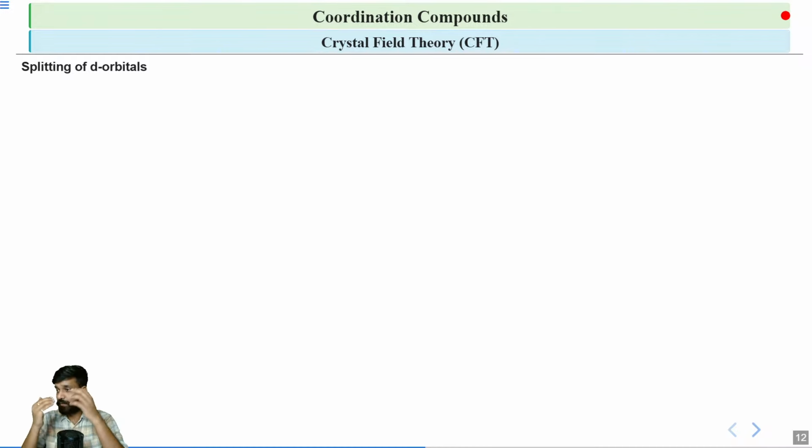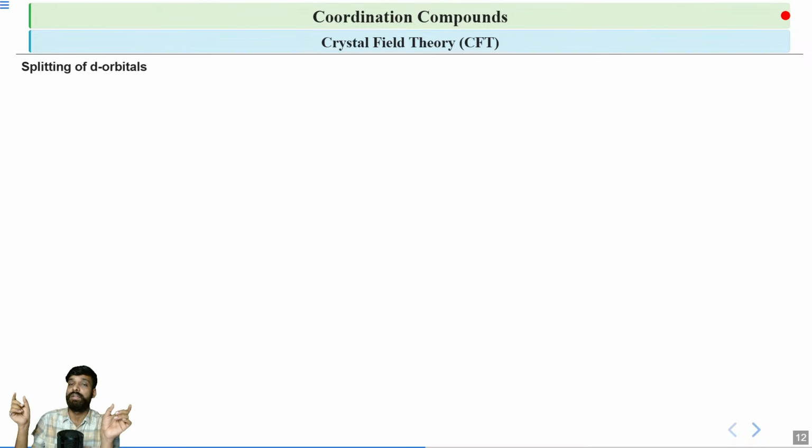Now when they approach each other, the d orbitals, which had similar energy and were known as degenerate orbitals, as you know very well. Five orbitals are possible for the d subshell: dxy, dyz, dxz, dx square minus y square, and dz square. These five orbitals are considered to have equal energies, and hence are known as degenerate orbitals.